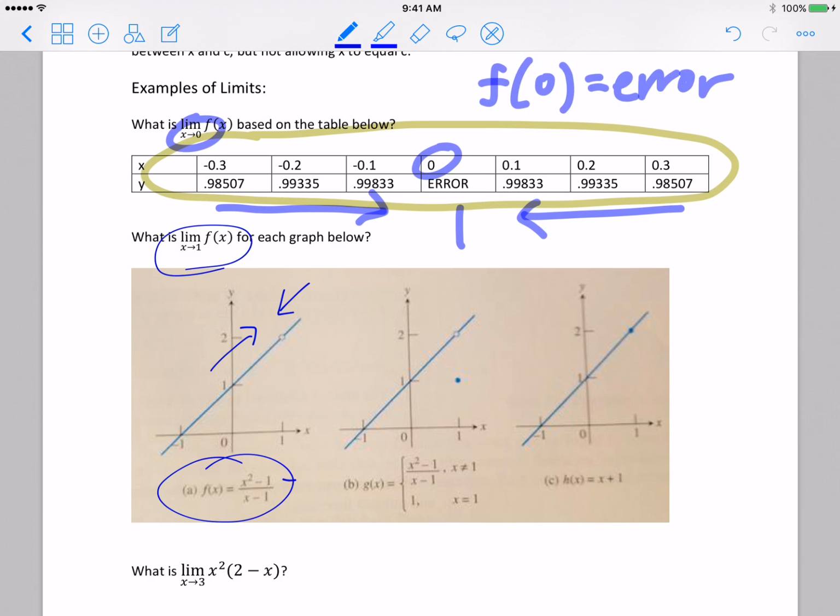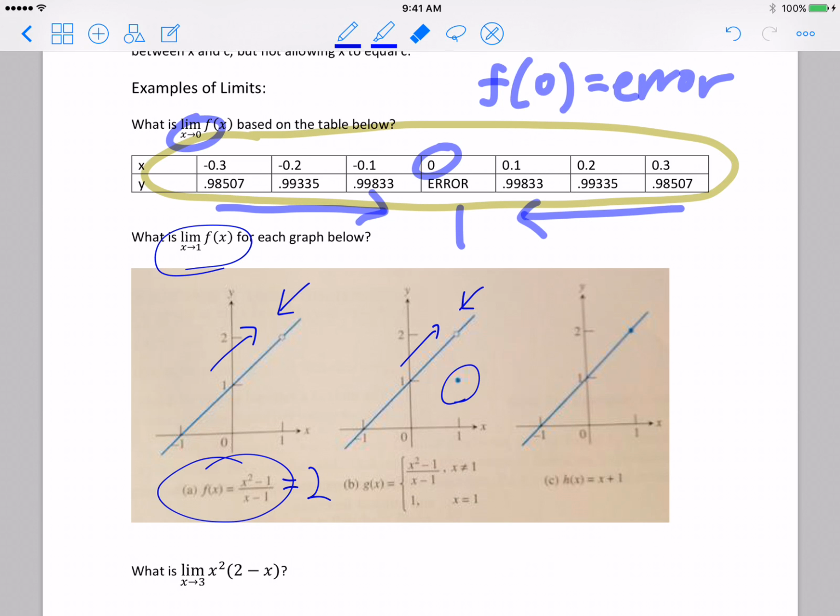The answer for the first one would be, I'm sorry, not 1, but the y value is 2. So the limit is 2 for the first graph. For the second graph, you have a piecewise defined function with a hole at x equals 1, but then it's defined somewhere else. Your g of 1 is defined to be 1, but that's not the limit.